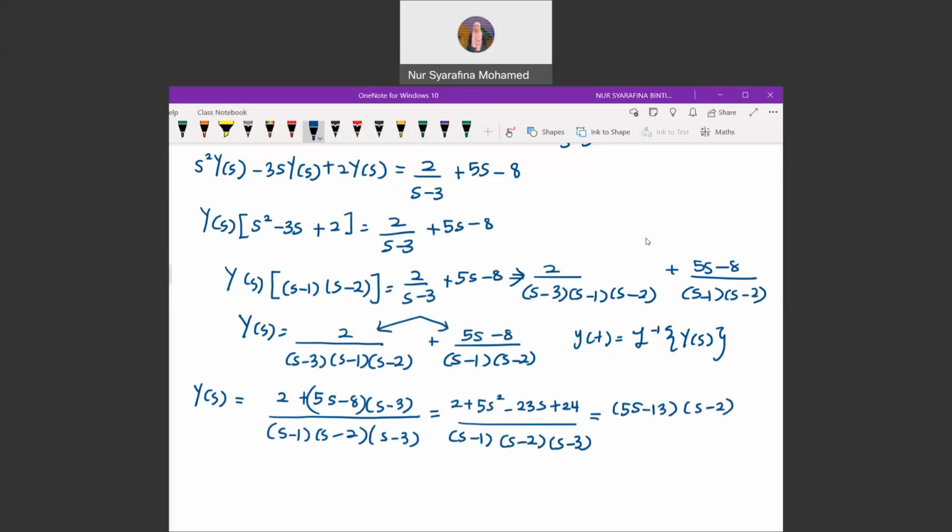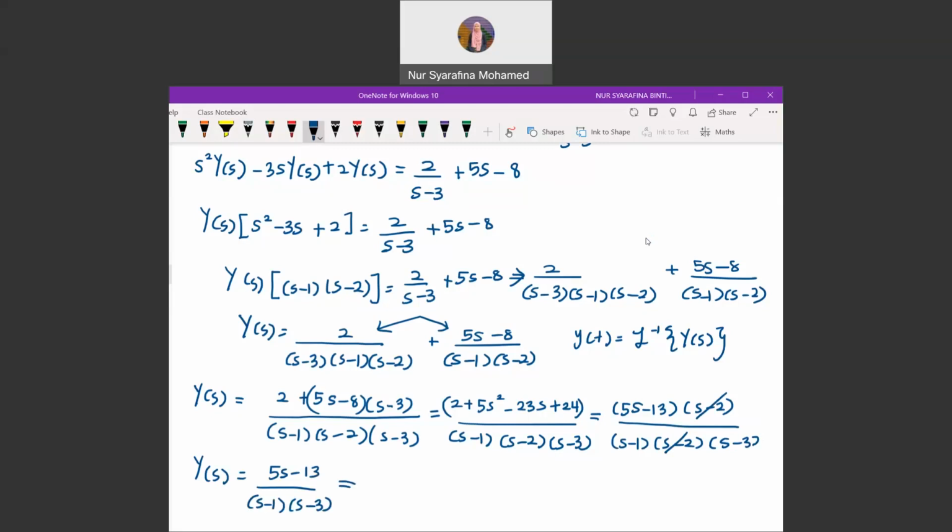After we expand this and put these two together, we have to factorize so that we can simplify the function. Then we can cancel s minus 2 with s minus 2, so what's left is (5s minus 13) over (s minus 1)(s minus 3).